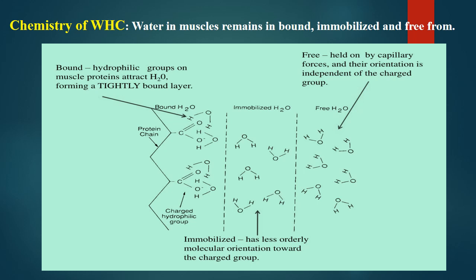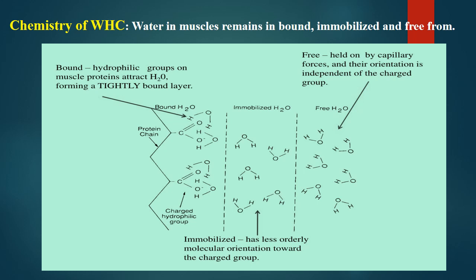Muscle proteins have carboxylic groups, which have hydrophilic properties. They form hydrogen bonds, attract the water and make a tightly bound layer. This is the bound form of water.